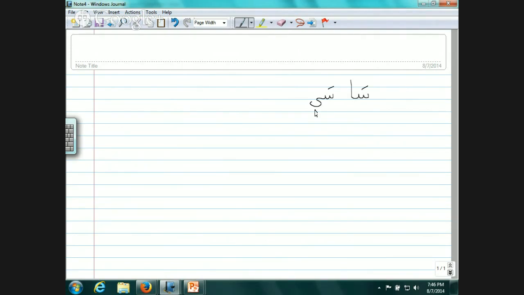If you bring the two dots back, you're right. If you put two dots, it's say, because that's a real ya with the two dots. If I remove the two dots, it is an alif maqsura, an alif pretending to be a ya, so it's sa. That's the simplest way to identify it: there's no two dots on the ya, and there's a fatha before it.